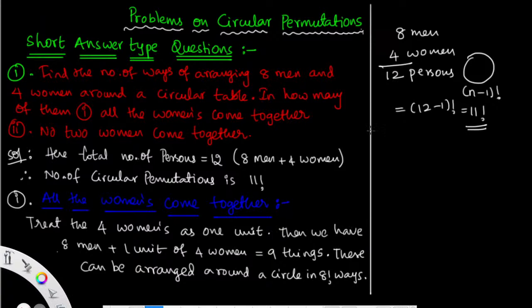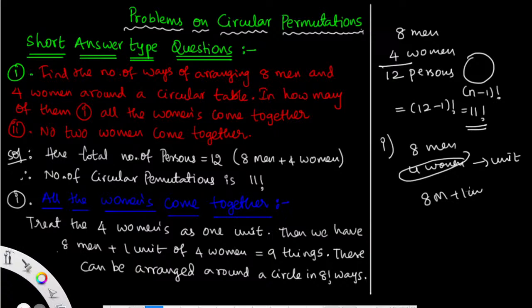In this, the first question is that all the women come together. There are 8 men, and the 4 women come together, which means always make a bundle. This has to be treated as 1 unit. Then we have 8 men plus 1 unit of women, so you get totally 9 objects.